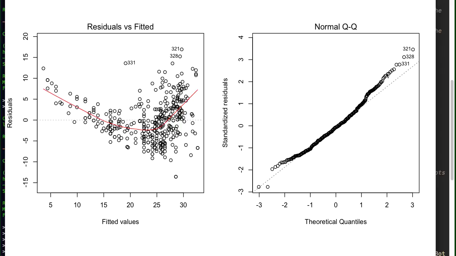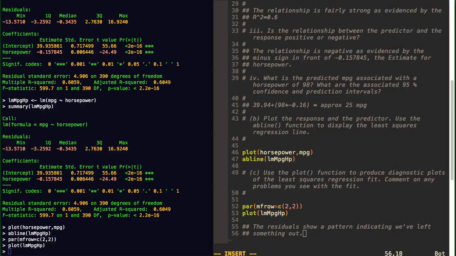We have a systematic curve in this direction, so no. The QQ plot tells us that the residuals are not normally distributed, which we expect them to be.